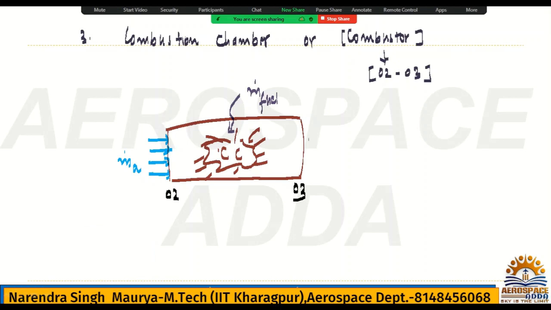That mass flow rate will be the combustion products, and it will be m dot A plus m dot F. Always remember, it is called m dot gas. The mixture of air and fuel is also called gas. So these are the things in the combustion chamber.